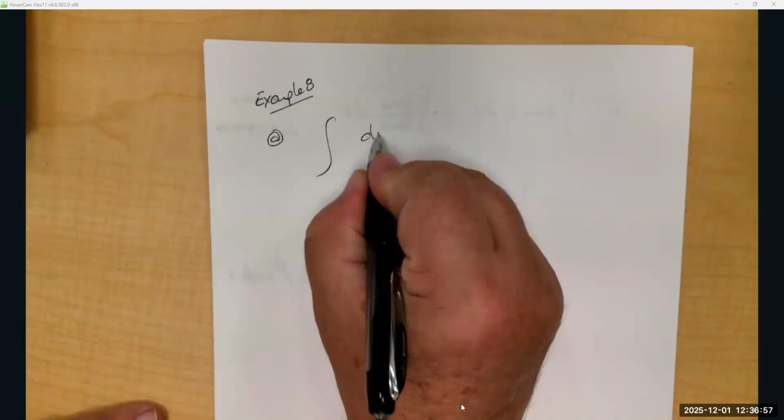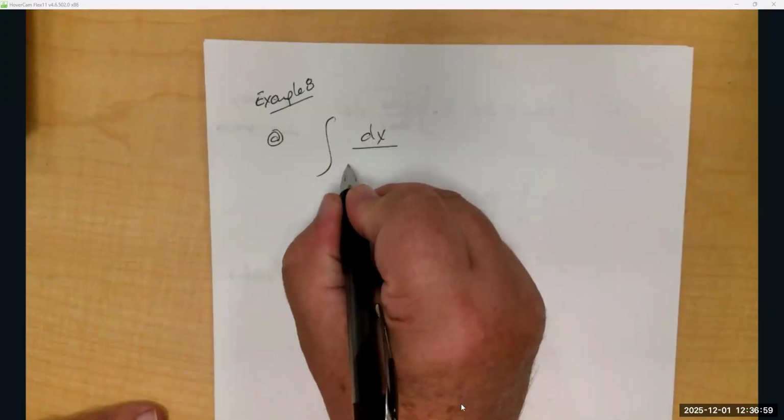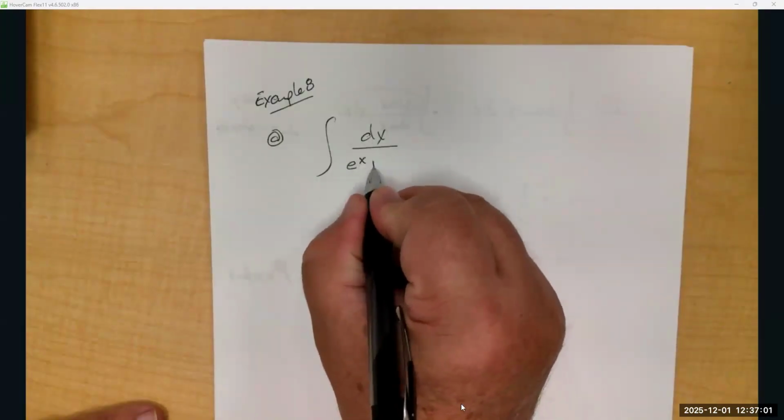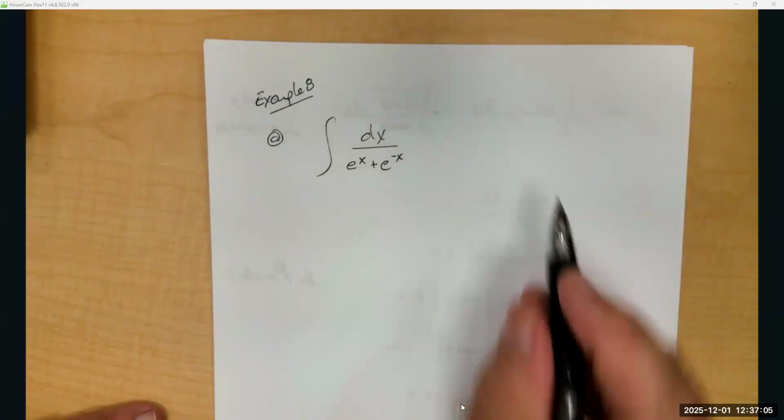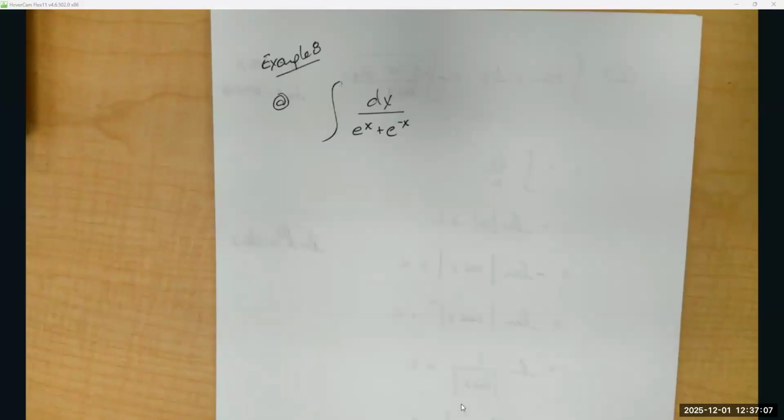How about this one? The integral of dx over e to the x plus e to the negative x. Speaking of algebra and trigonometry, sometimes you may have to do some algebraic manipulations before you do anything.